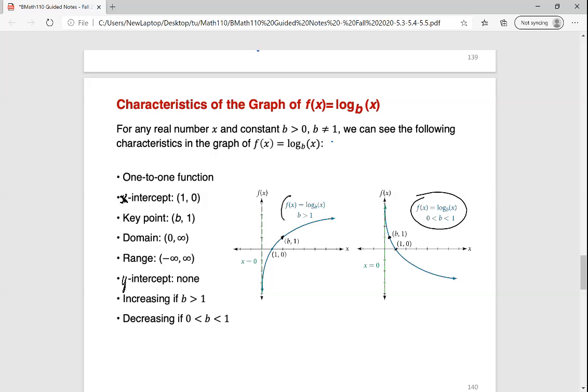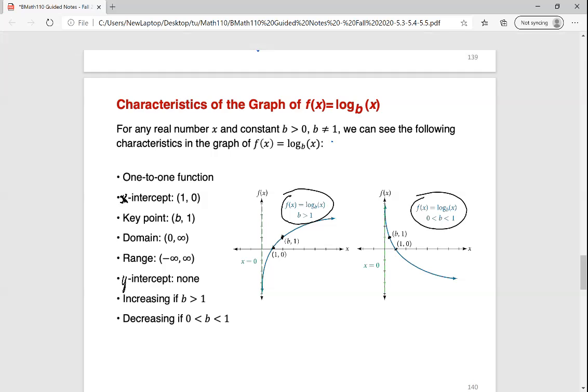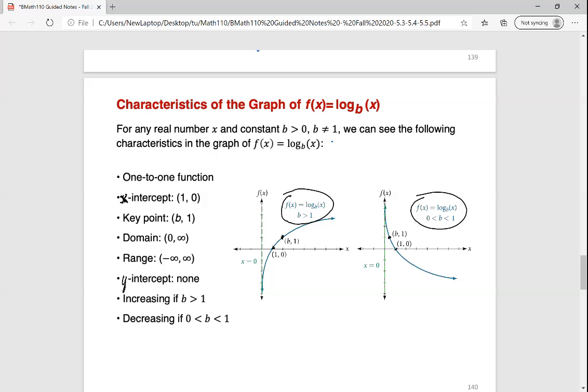Similarly, you have the log function for base b greater than 1. That's increasing, goes through the x-intercept at (1, 0) and goes to the point (b, 1). Okay, so let's move to the next page.